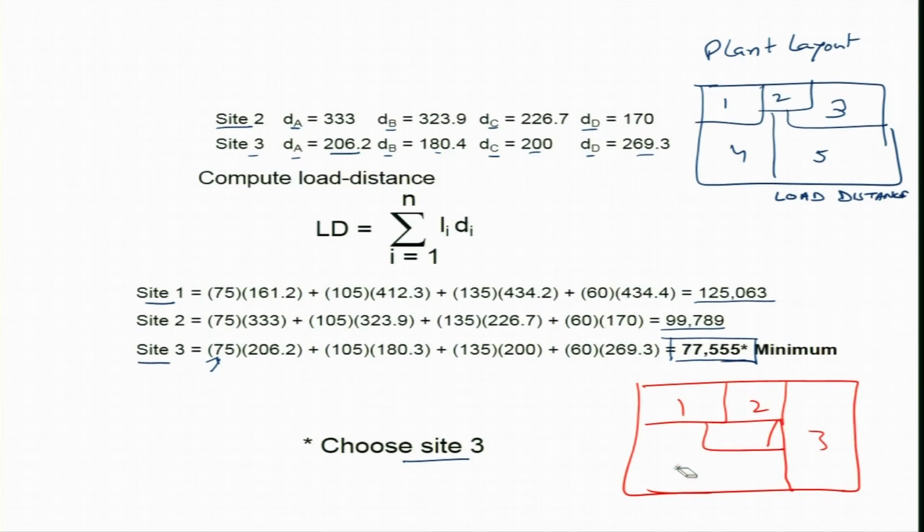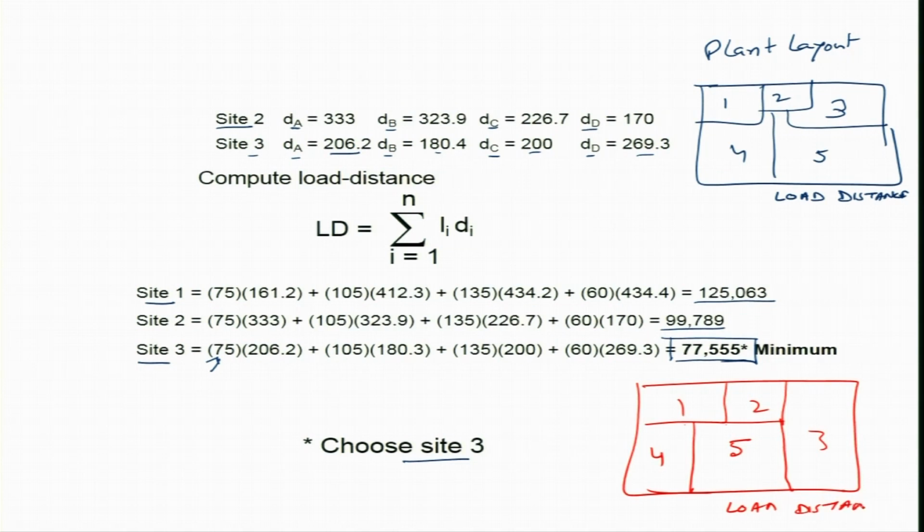Let us put 4 in the middle, or we can increase the size of this, because we have shown 5 a bit longer here, or maybe let us say this is my 5. If I bring 5 here in between, what is the load distance in this proposed alternative?